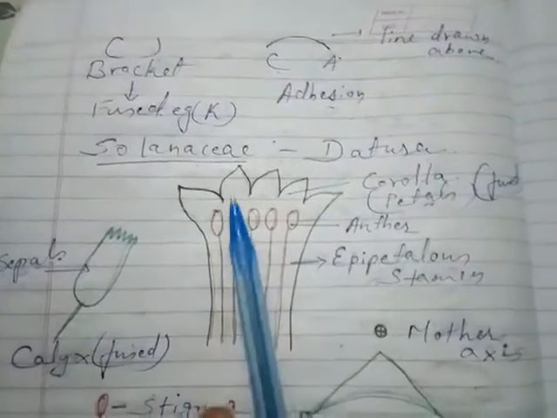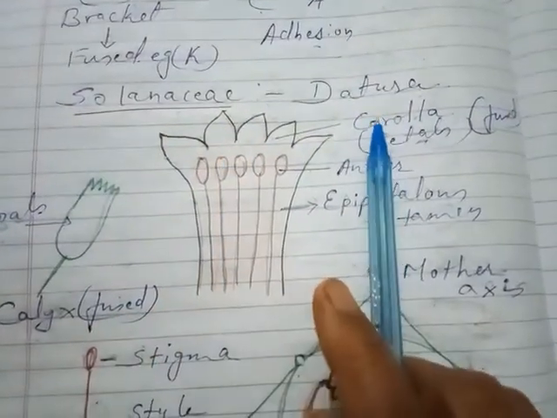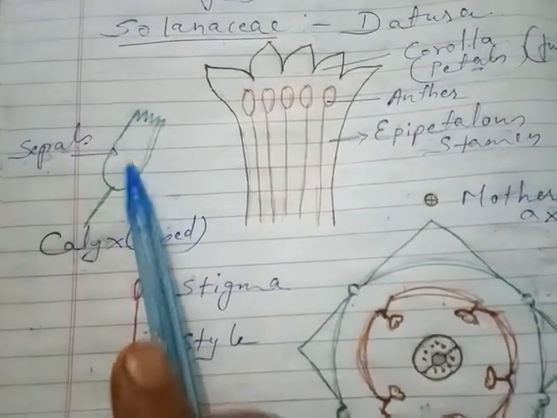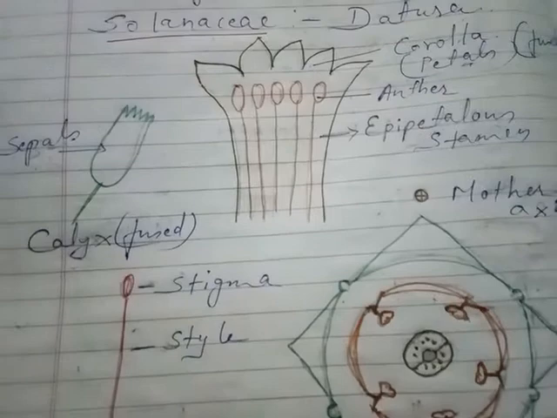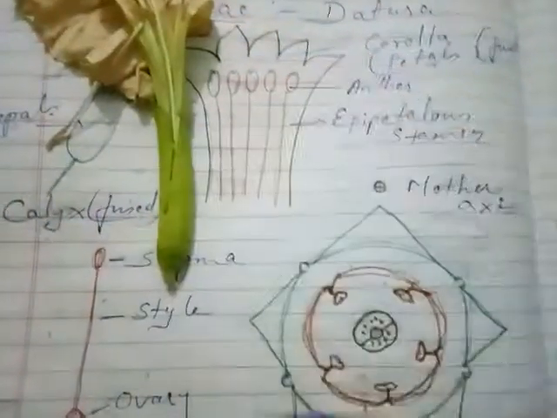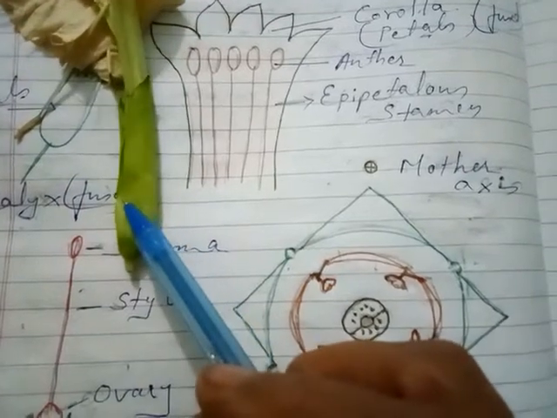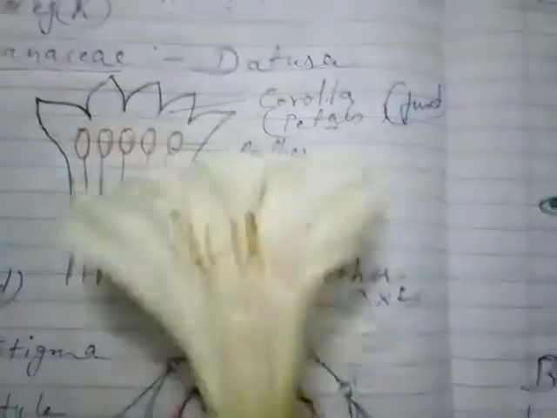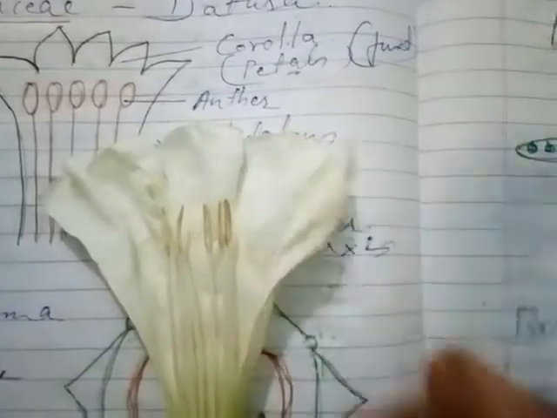Now let us see this in the case of Solanaceae, the example being the Datura plant. Here in Datura, the sepals are fused together. Then the corolla, the petals, are also fused. Here you can see all the petals are fused.